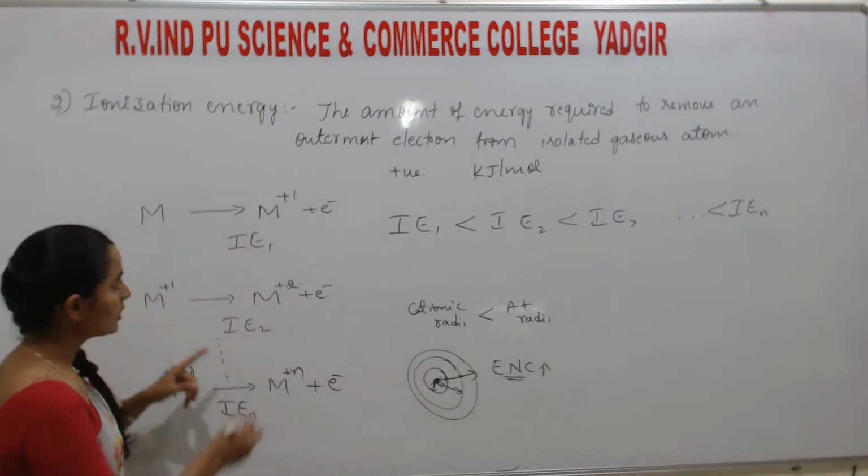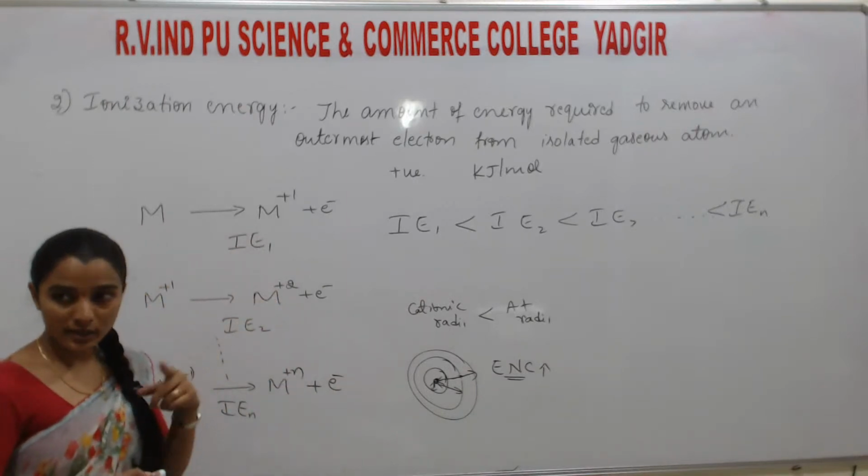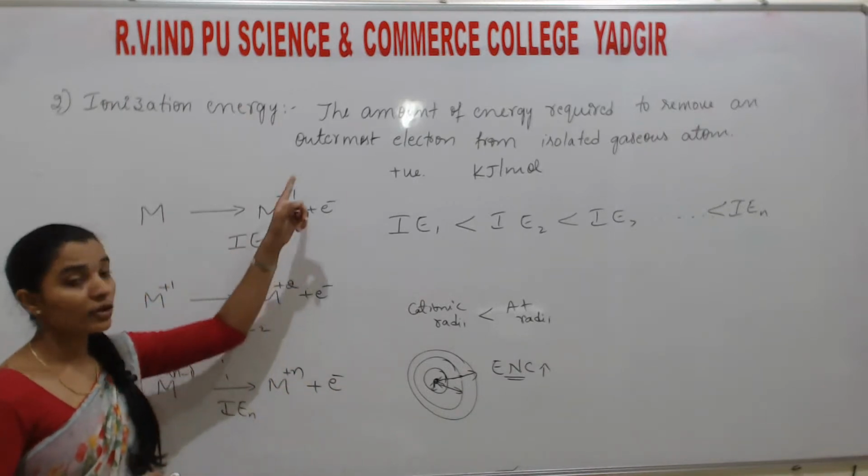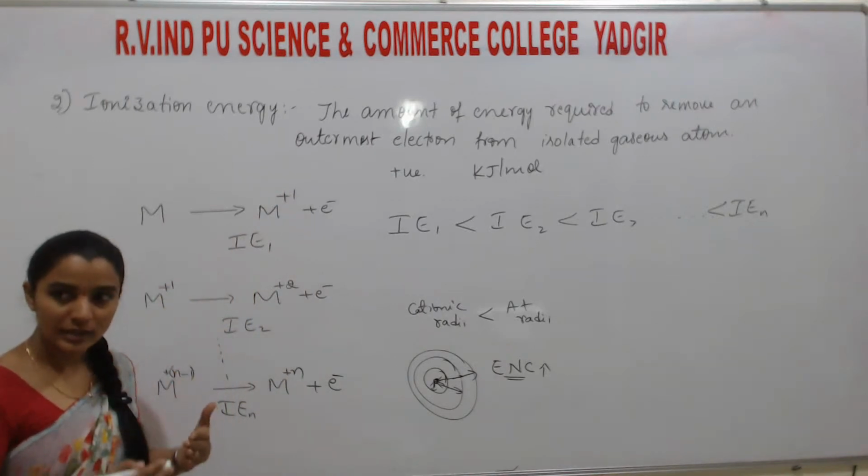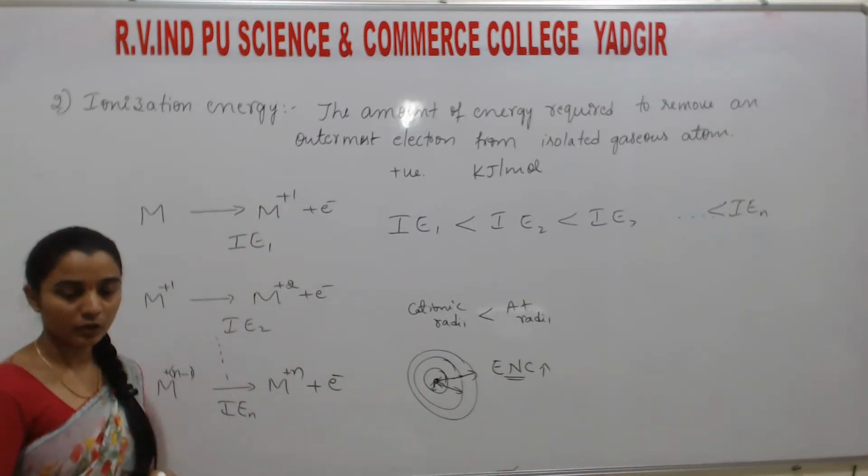Okay. Remember this one: if the positive charge increases, then the size decreases, then ionization energy increases. If size is less, energy is more. Okay.